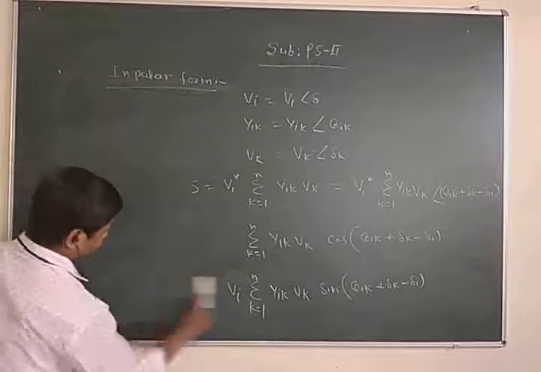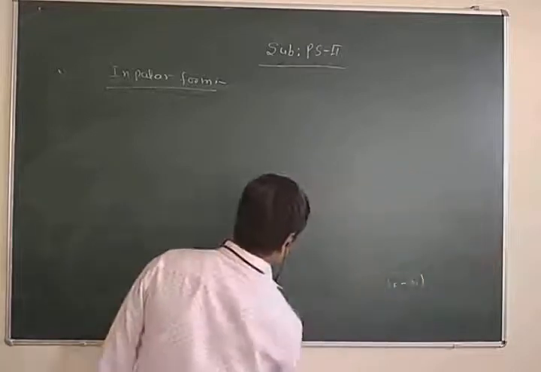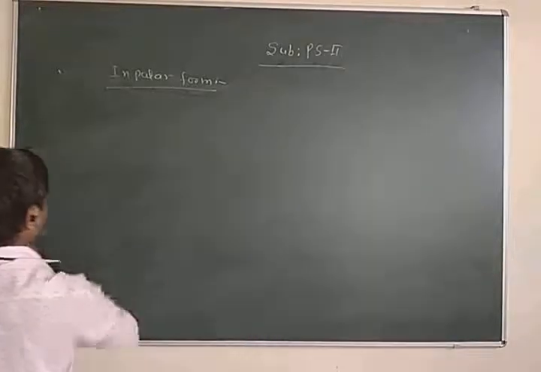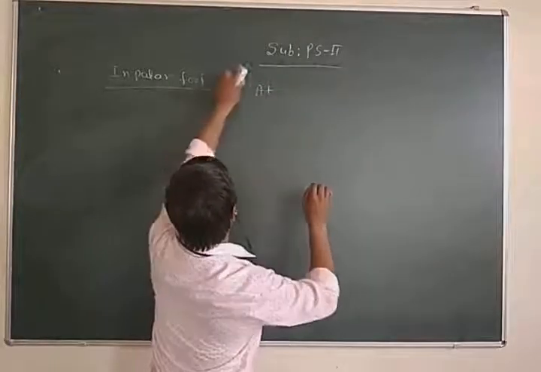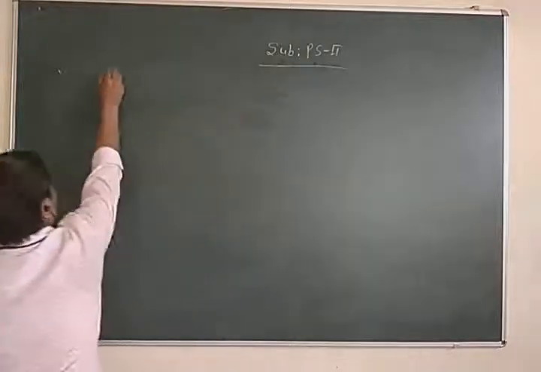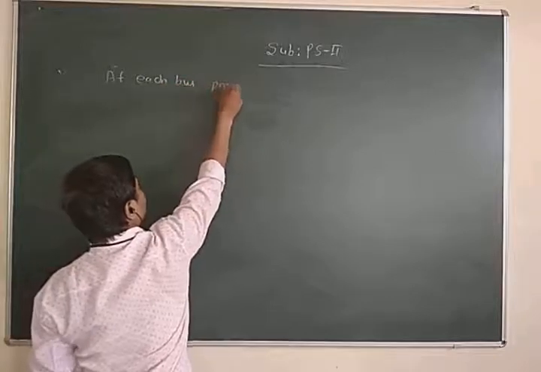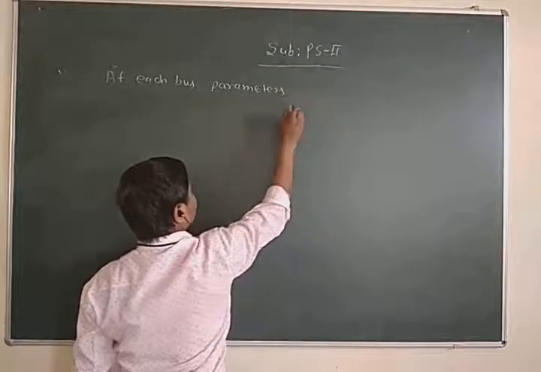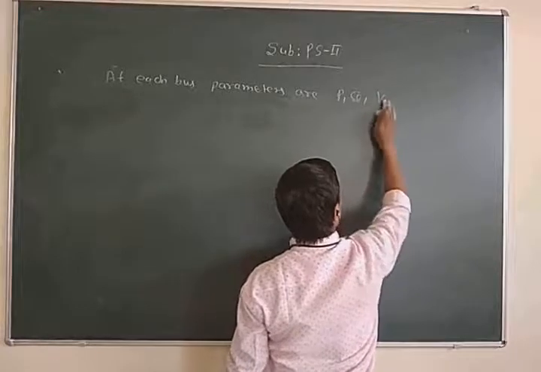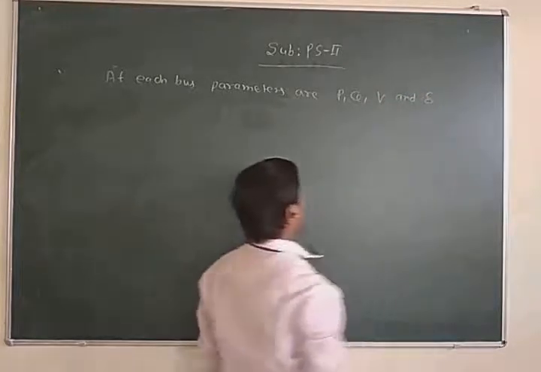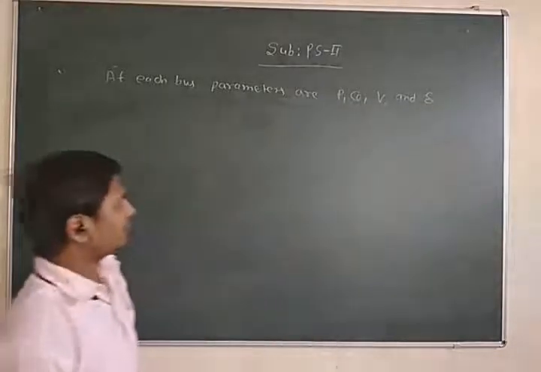Next is, at each bus the parameters are P, Q, V and delta: active power, reactive power, voltage and angle delta, the load angle.